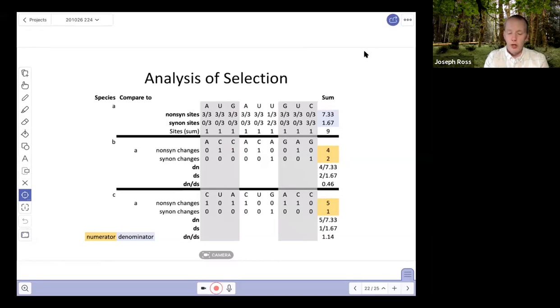In other words, what we're not doing is comparing the codon here to the codon there. We're comparing 1 nucleotide at a time. We're imagining that in species B, if there are multiple changes in species B, we're looking at 1 nucleotide at a time and imagining that the rest of the sequences are the same.